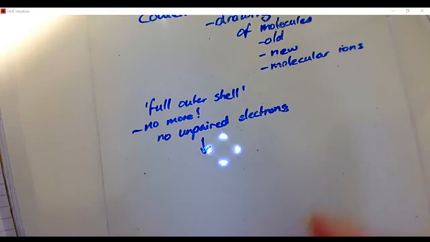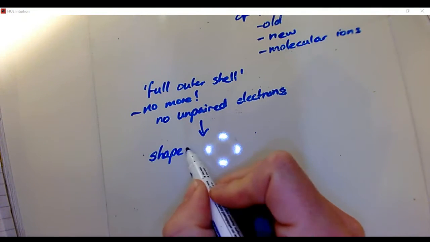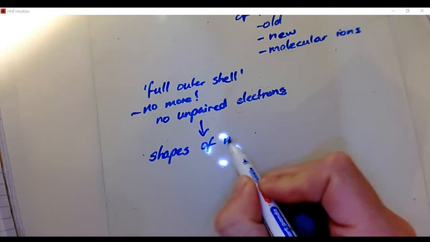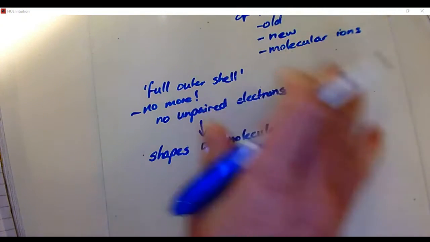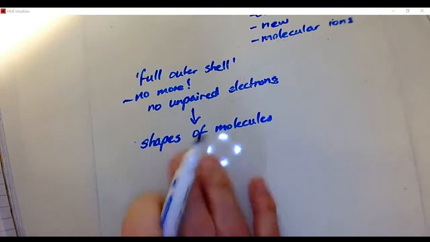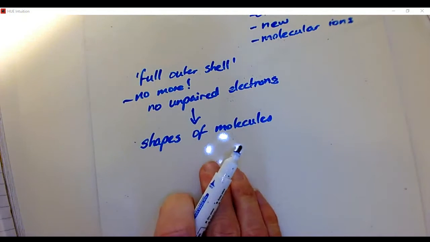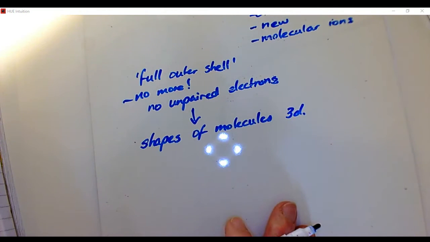Now, when we've done that, we're going to look at shapes of molecules. This is actually topic 1.6 on the specification. It's pretty difficult, but given that we'll be talking about pairs of electrons and the types of electron pairs, lone pairs and bonding pairs, and that relates to the shape of molecules in 3 dimensions, I decided to put it here because it'll follow on nicely from that.